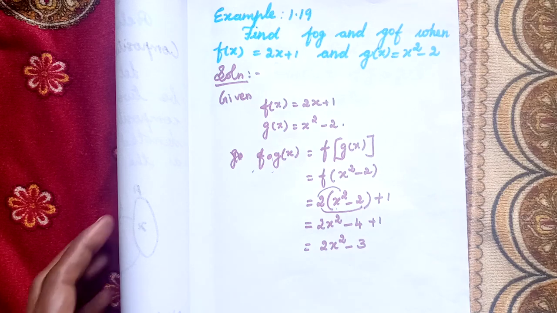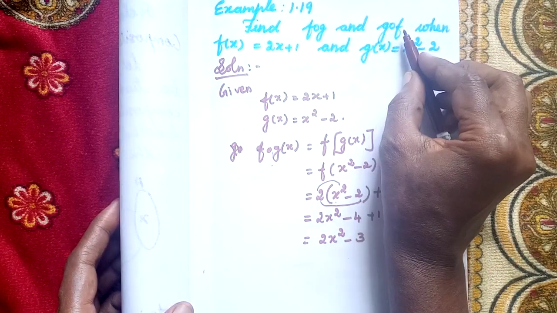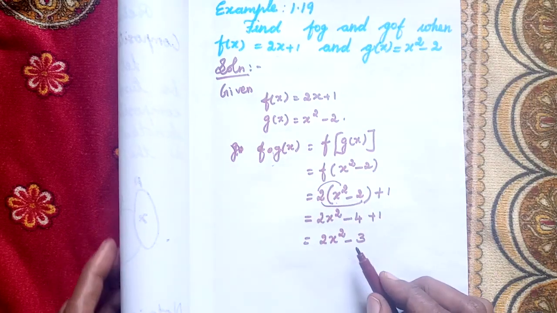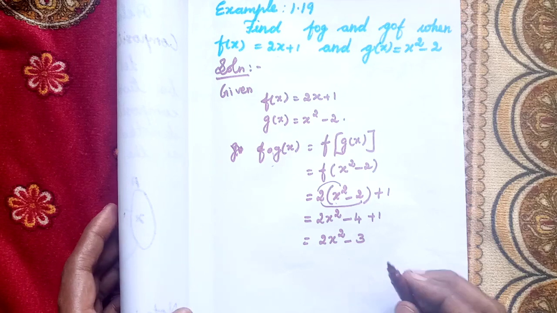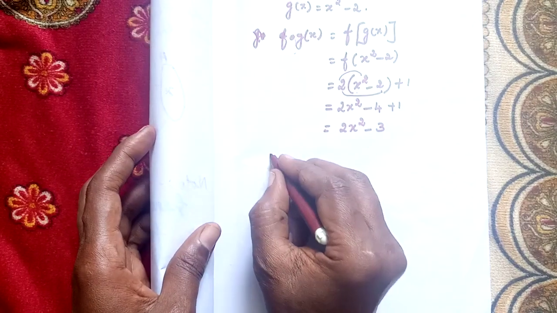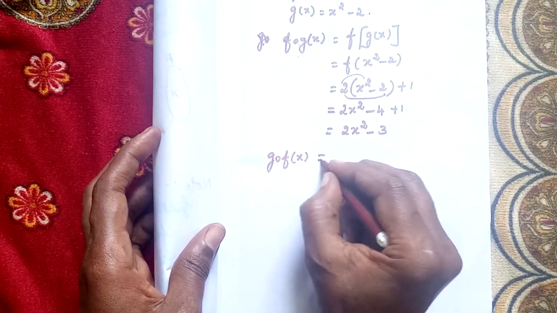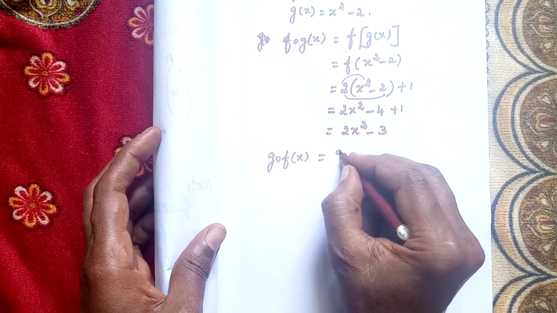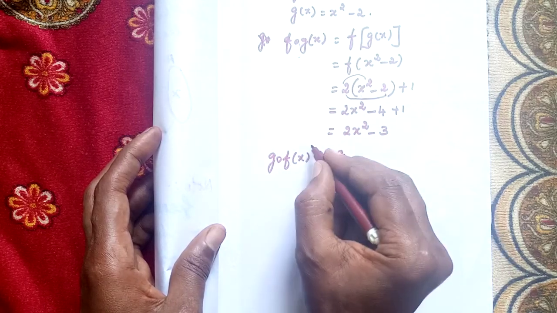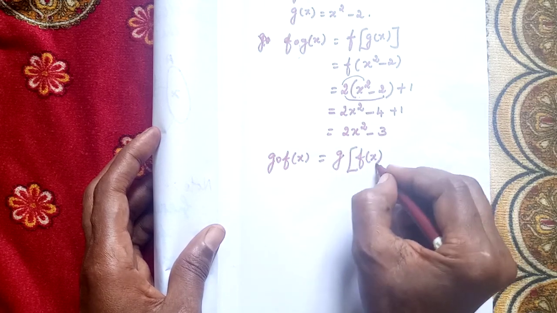Clear, students? Now I am going to explain g composite f. F composite g we have found out. Now we have to find g composite f of x, which is equal to g of f of x.